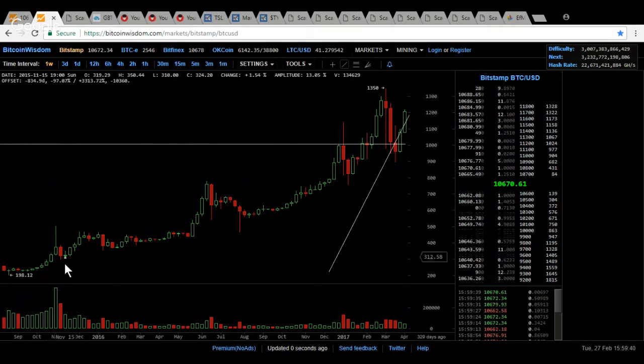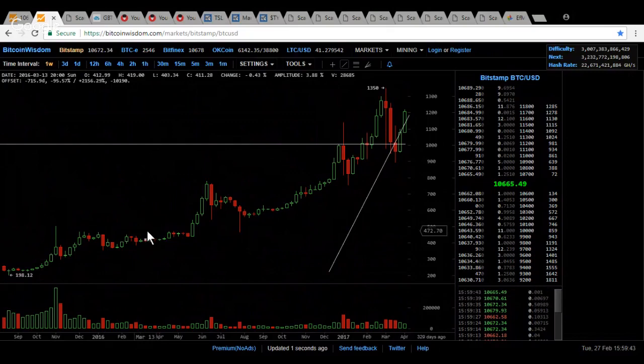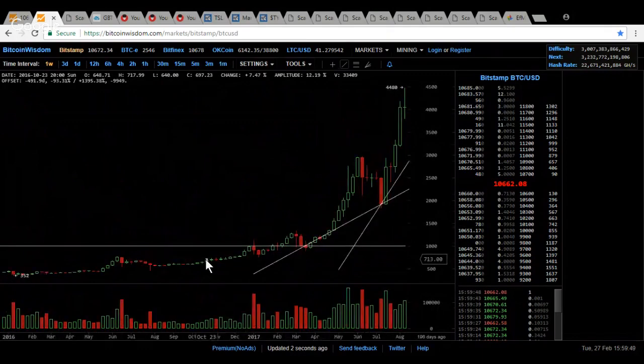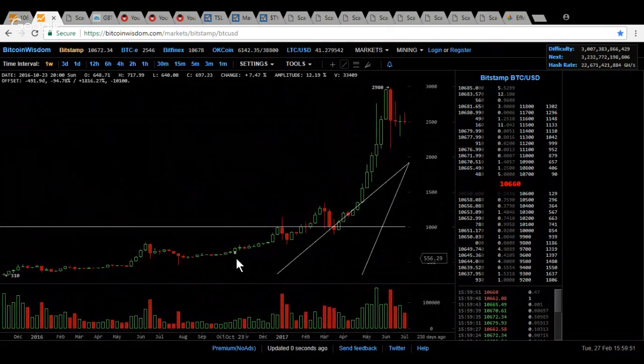I know there's tremendous swings under that line, but there are no penetrations on a weekly basis above it. So I am going with that $1,000 mark as the phase one line.